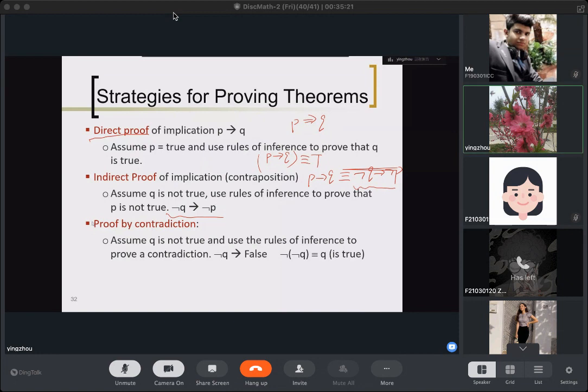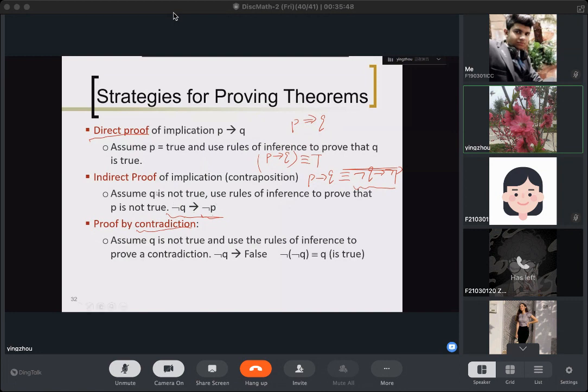Sometimes an indirect proof uses contradiction. That means we assume the result is not true, and based on this assumption we infer that the conditions lead to a contradiction.